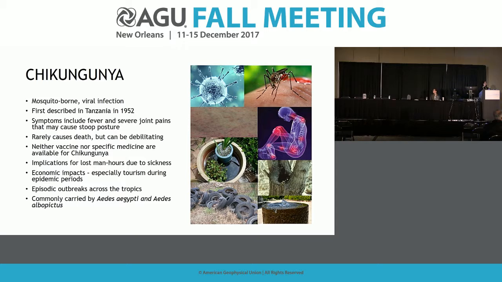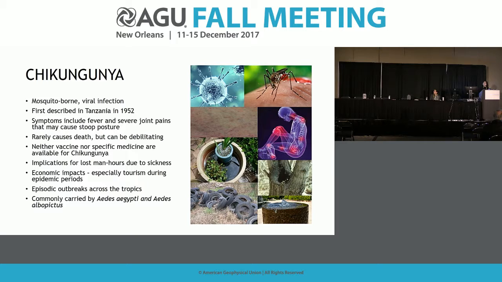And currently, there's no vaccine or specific medication to prevent chikungunya. Because of this debilitating nature, there's implication for lost man hours because of sickness, and economic impacts. It can hurt tourism, especially during epidemics.